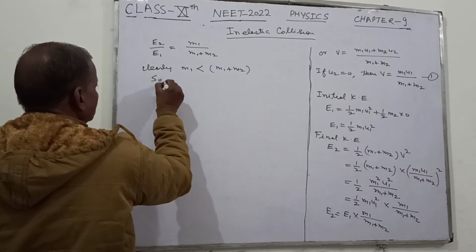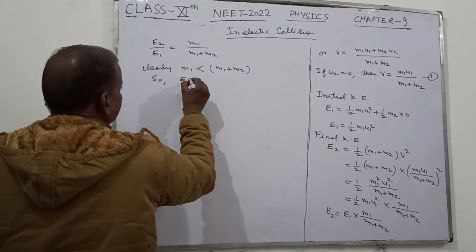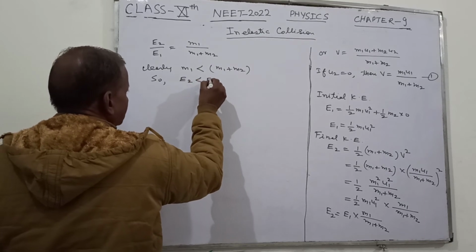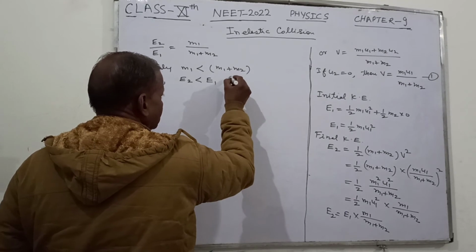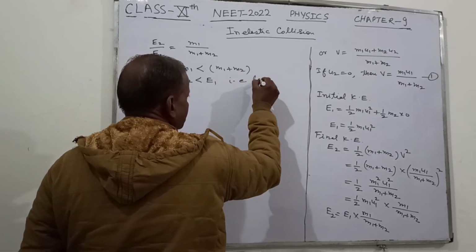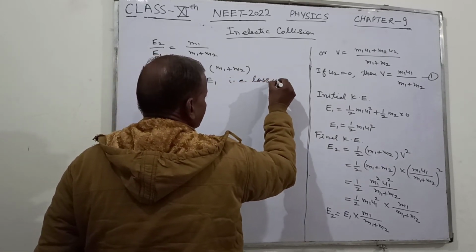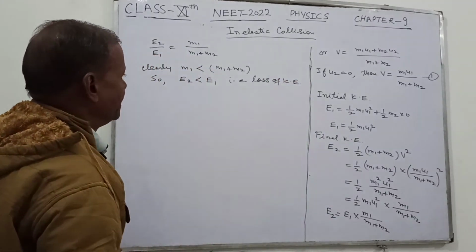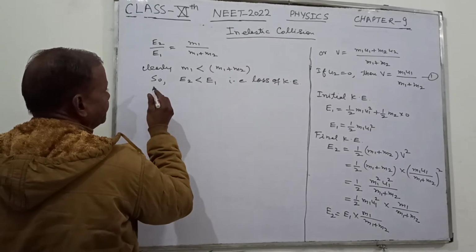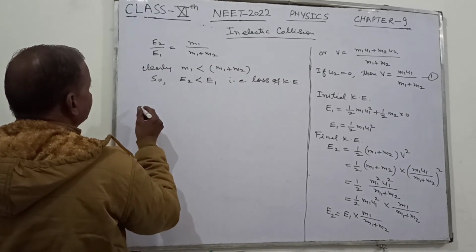So E2 is less than E1. It means loss of kinetic energy.